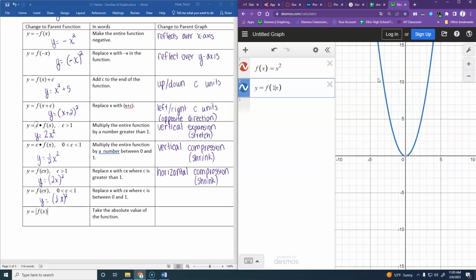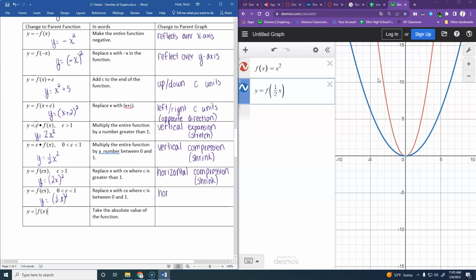It is going to be a horizontal expansion. And if we look at it there, here we've got horizontal expansion, or we could call it a stretch there. Again, we're thinking horizontally. We're taking the x-axis and we're stretching it out this way, right?